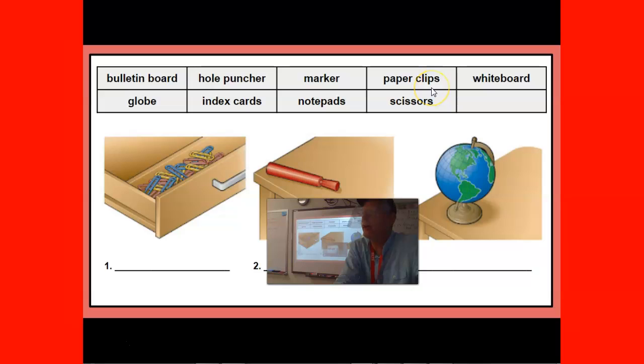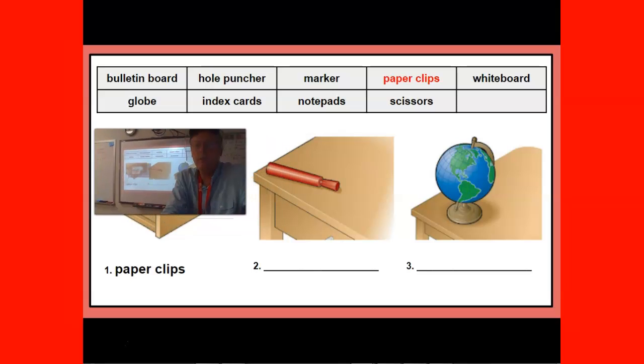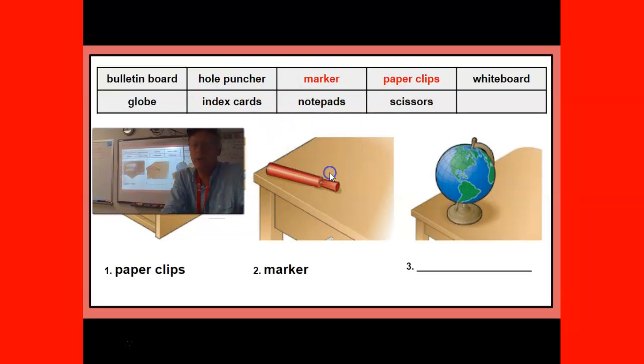How did you know that, Areto? There's a lot of them, isn't there? You can also see the S right here on this word. All right. Good job. So we got paper clips. Carmen, what do we call this right here from up here? Good. It's a marker. And do you remember what we call this?